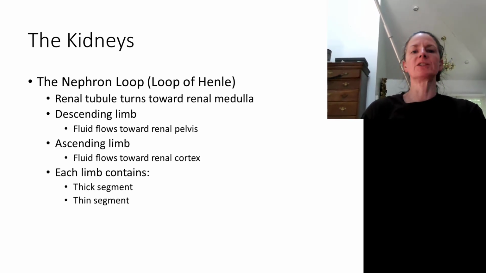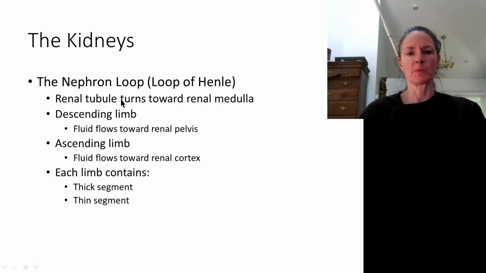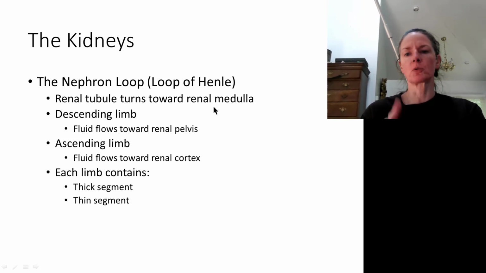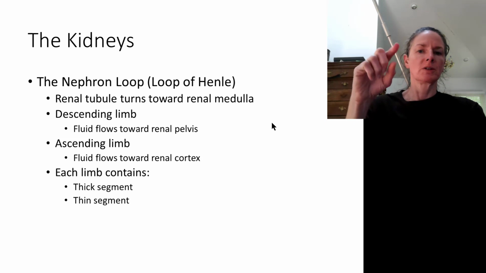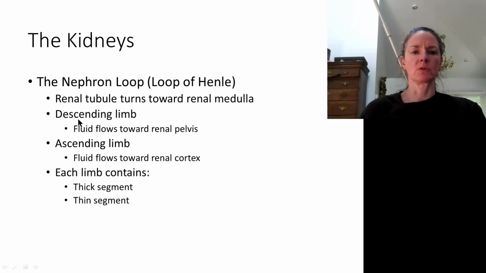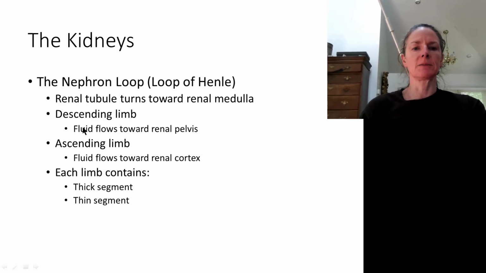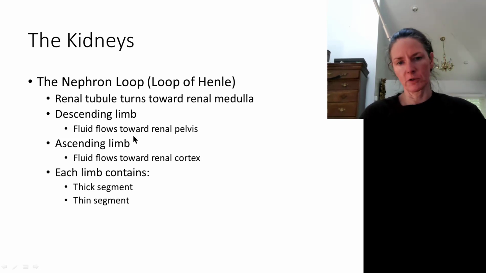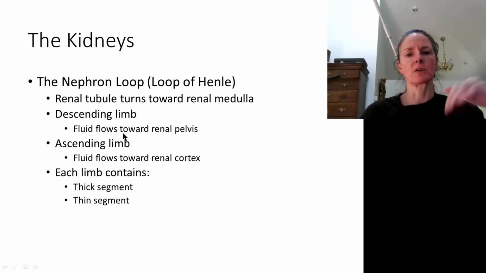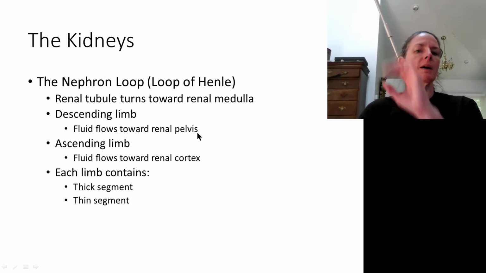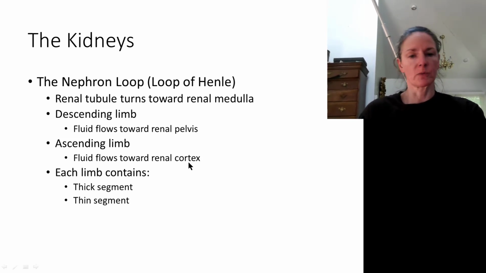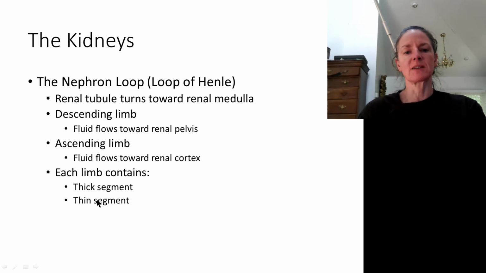All right, then we descend into the nephron loop, or loop of Henle, and this is what's going to turn towards the renal medulla. In those juxtamedullary nephrons, it's going to dip way down into that renal medulla. So the descending limb is where we're going to have the tubular fluid, the filtrate, flowing towards the renal pelvis, but then of course it will climb back up. The ascending limb is where it goes back up towards the renal cortex, and we've got thick segments and thin segments in each limb.